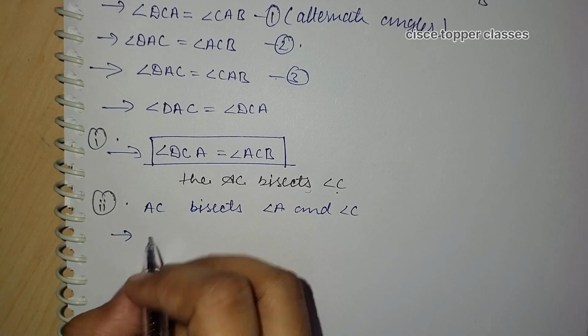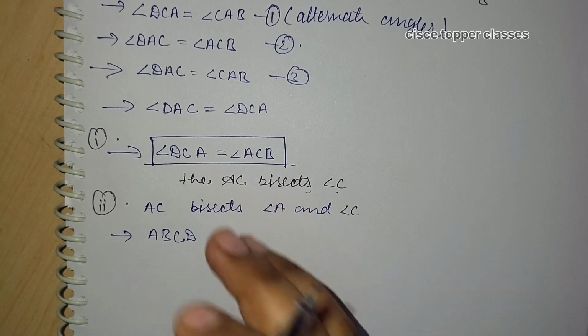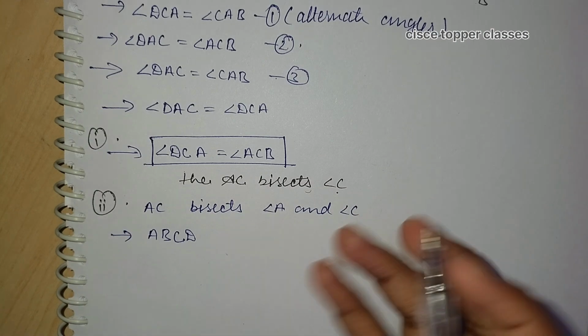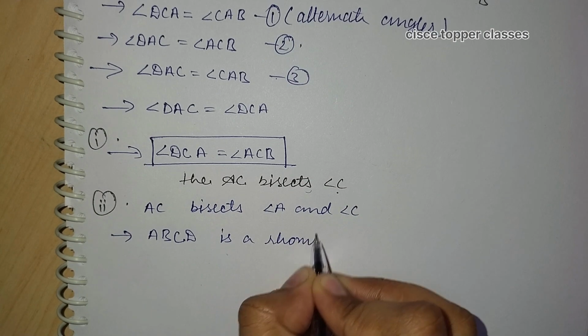So from here we can conclude that ABCD is a rhombus, because in a rhombus the diagonals bisect the opposite angles.